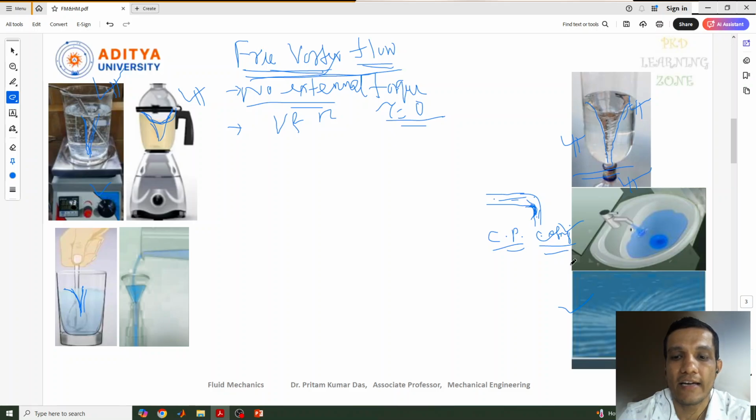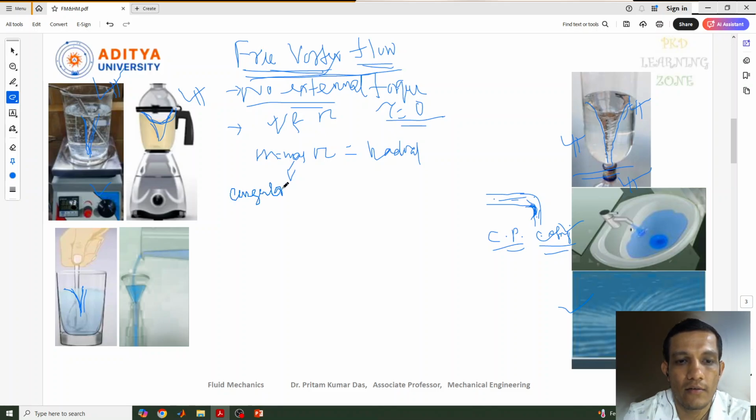So let us consider a fluid particle of mass m at a radial distance of r from the axis of rotation, having a tangential velocity v. Just a small derivation is there.